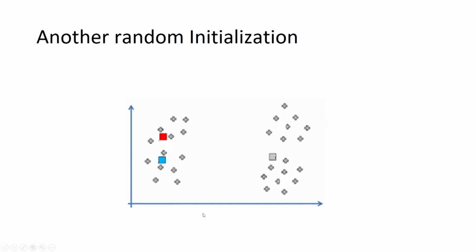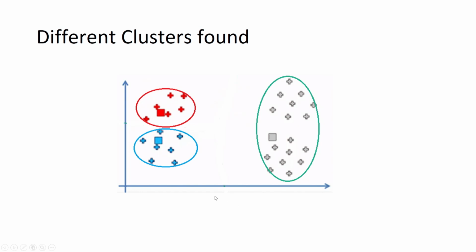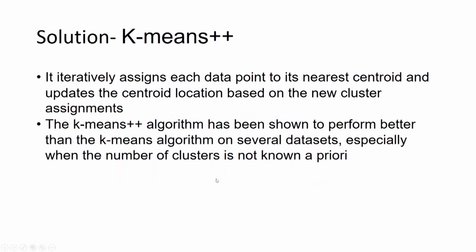You are initializing randomly, and because of that your output is totally different. The k-means clustering algorithm output is different. So, what is the solution? The solution for this is the k-means plus plus algorithm.